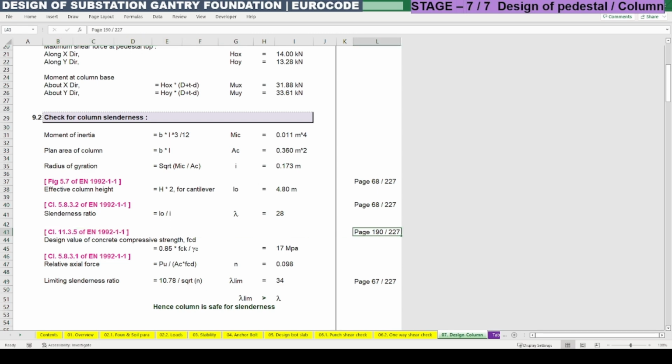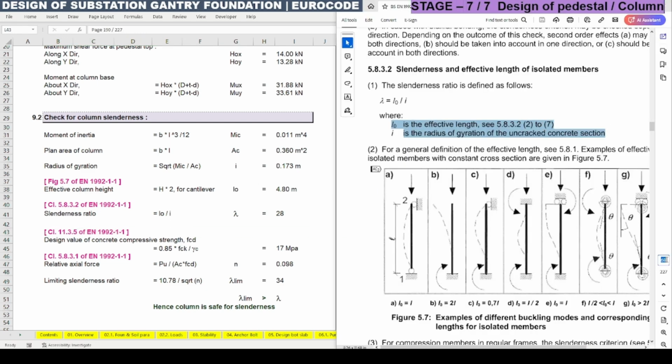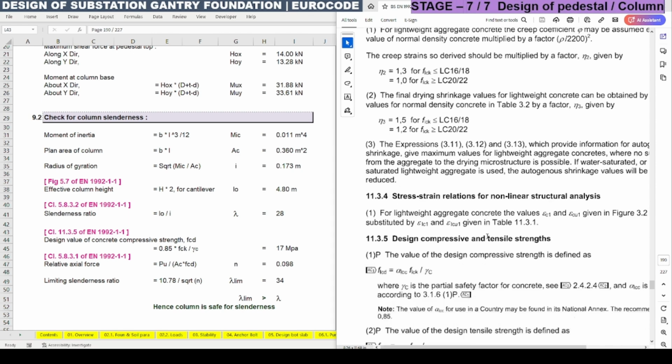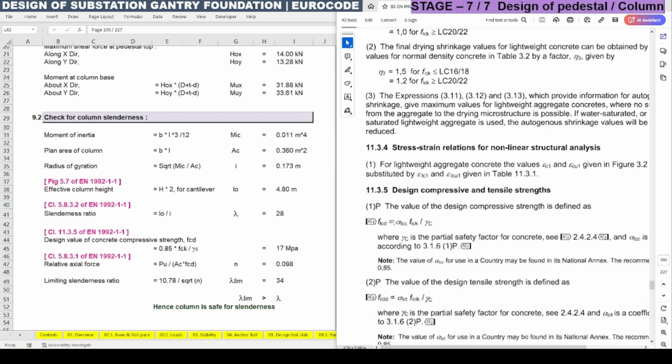For that, page 190 is to be referred in EN 1992 part 1 section 1. Here you can see the page number 190 states that FCD, the design compressive or tensile strength, equals alpha CC into FCK divided by gamma C. That alpha CC may vary according to the national annex.